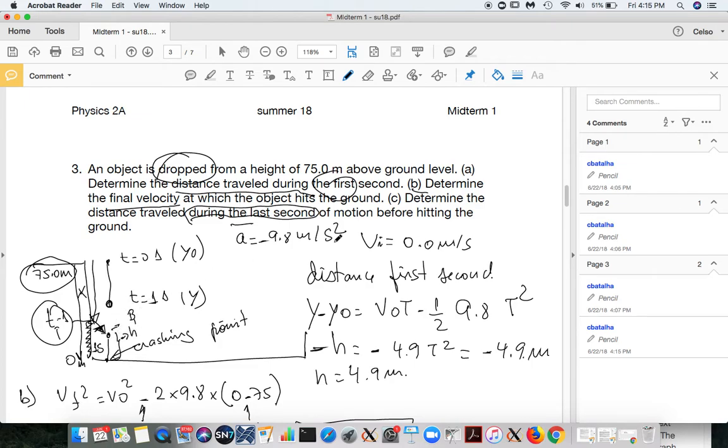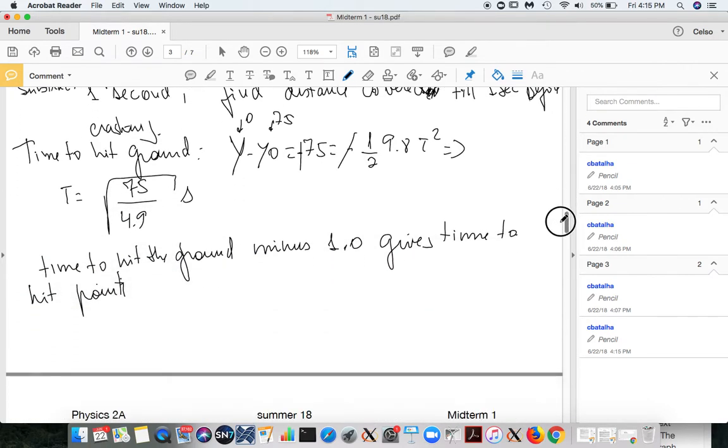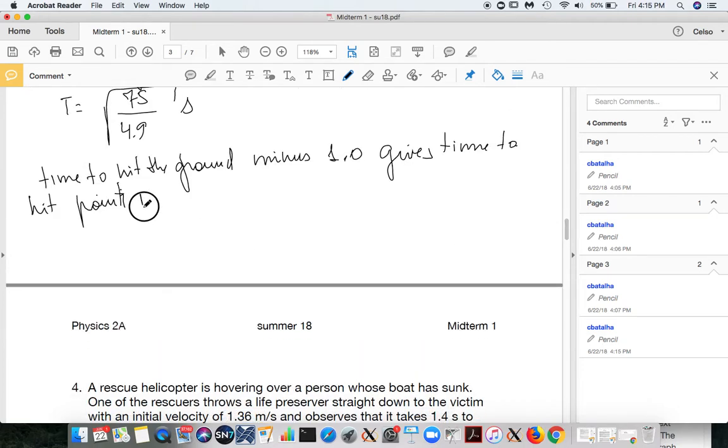Call this point B, I don't know why I'm calling it B, point B.